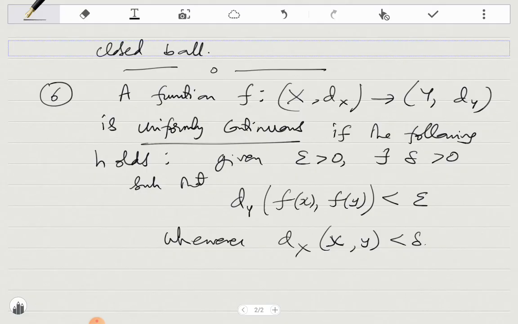Yeah, as we know, unlike continuity which makes sense at a point, this essentially is a concept which involves the whole domain. So that's where the term uniform comes. The same delta is supposed to work for any x essentially. So there's one delta which will guarantee that whenever two points are close, their images are close.